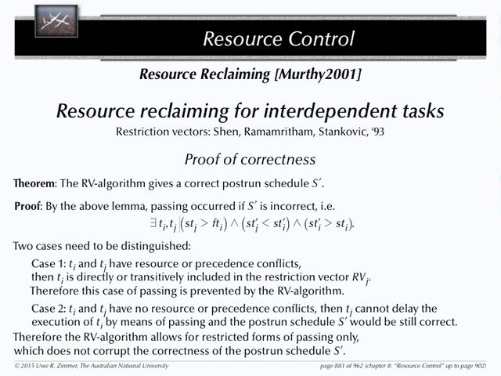The first one is if they do have precedence conflicts or resource mutual exclusion conflicts, then this has been transitively or immediately expressed in the restriction vector, and the resource vector algorithm would therefore have stopped that from happening. The restriction vector exactly gives you the hard stop.